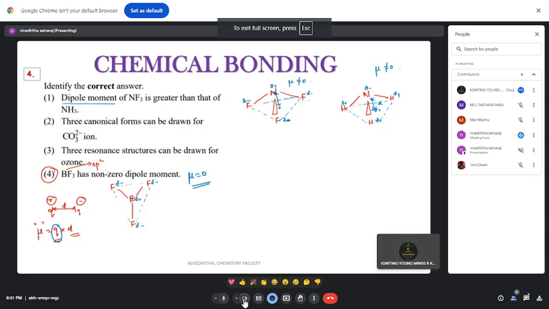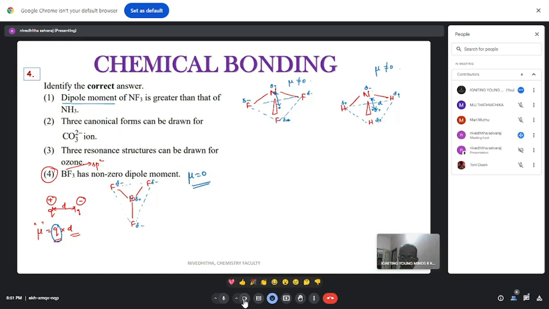But actually, that is not the case here. As far as NF3 is concerned, fluorine has the highest electronegativity, but nitrogen is also not the least electronegative. Nitrogen is also highly electronegative, right? So fluorine will pull electrons towards itself, but nitrogen will also pull electrons towards itself. So nitrogen is not a weaker one.